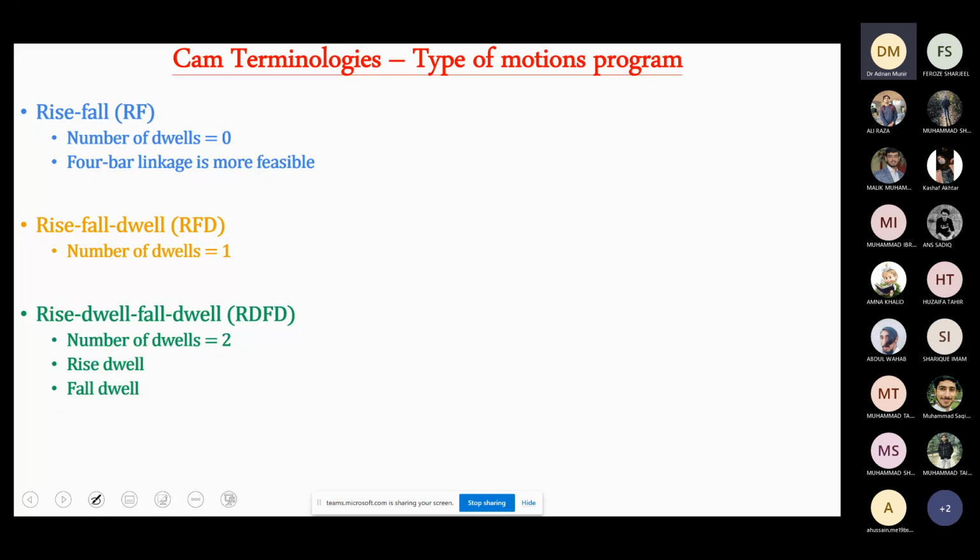So in this case, you can see we have a figure like this. If theta is the rotation or revolution of the cam on the x-axis, then on the y-axis we can plot s, which is the displacement. We can also plot velocity, and acceleration.